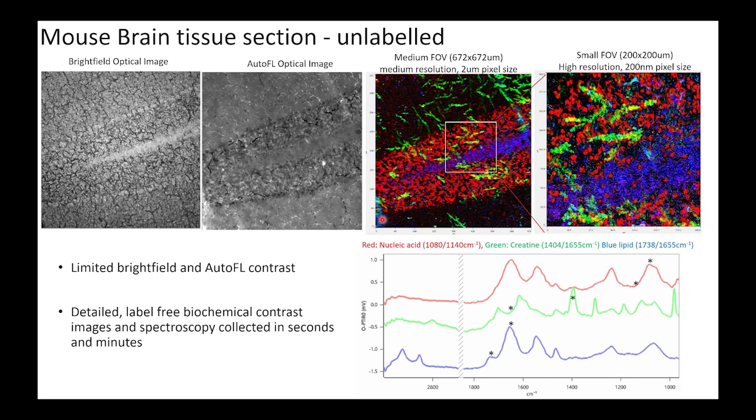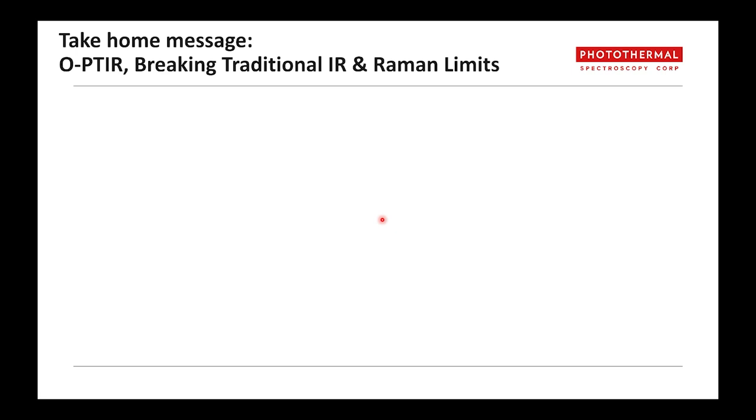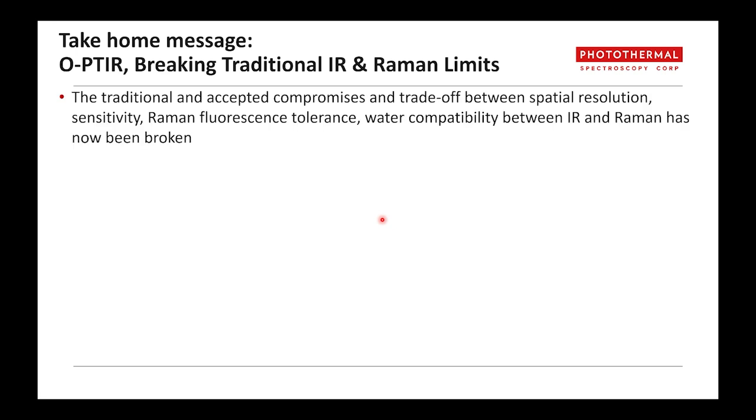I want to finish off so I can hand over to Christoph to talk about his exciting work. But I do want you to take away from my half here that with O-PTIR, we literally are breaking any or all of these traditional IR and Raman limits. There's no more compromise or trade-offs between spatial resolution and sensitivity. You don't have to tolerate Raman fluorescence in order to get good spatial resolution.